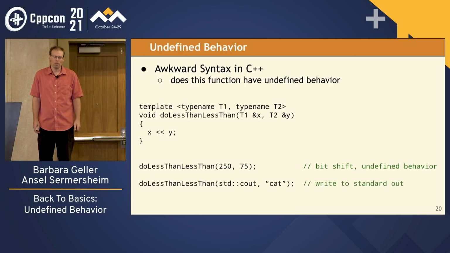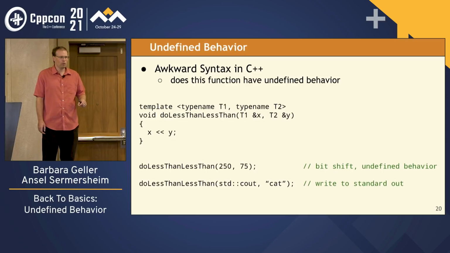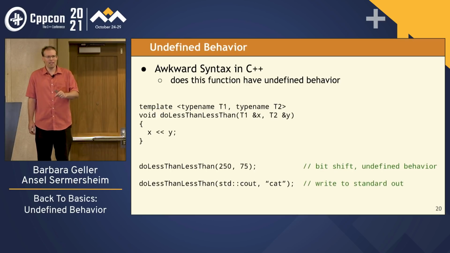The second one is writing the string cat to standard out. So this is an instance of a template which has undefined behavior for certain values of certain data types that it is instantiated with. This makes code kind of hard to reason about. And it's also hard to document, because what are the preconditions for calling this function? Just think about that.